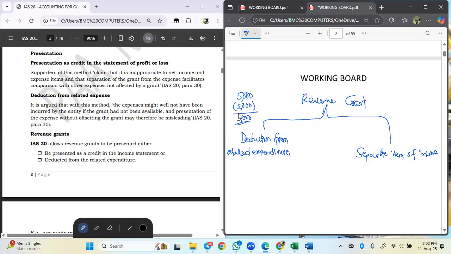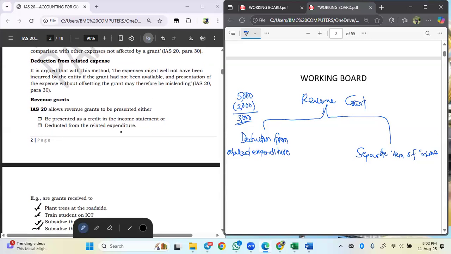Every year you transfer that particular grant from the deferred liability or the deferred income to your P&L.